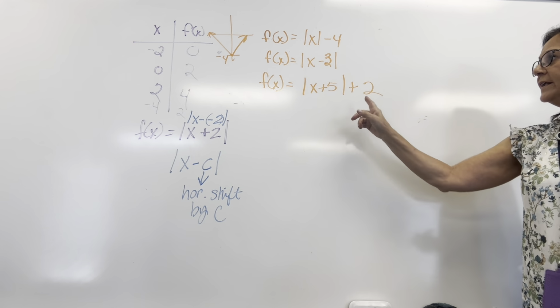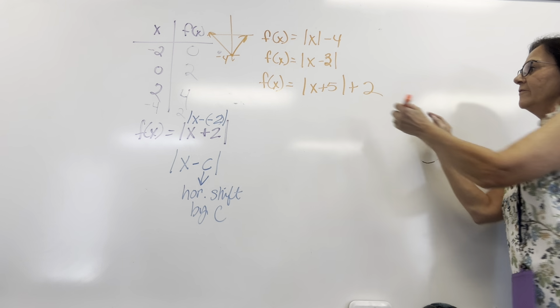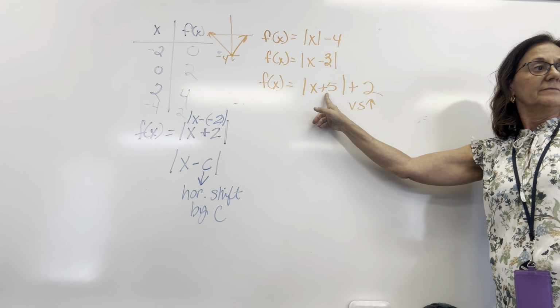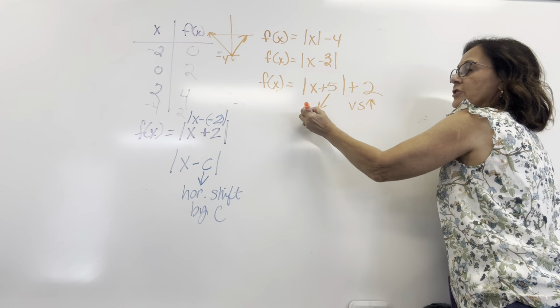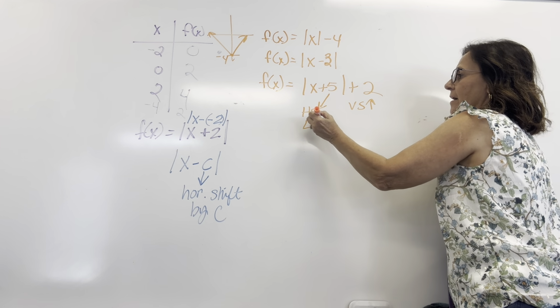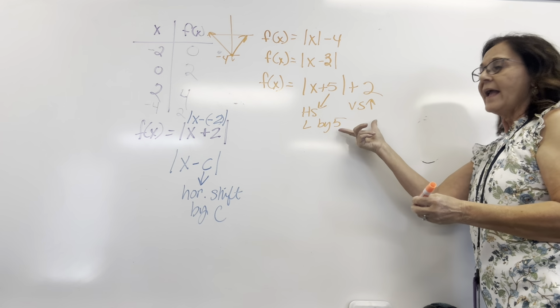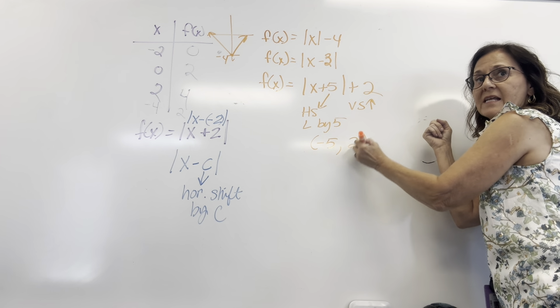Okay, what is this? Vertical shift up by 2, and this is horizontal shift left by 5. So I have the vertex here. It's opposite, same.